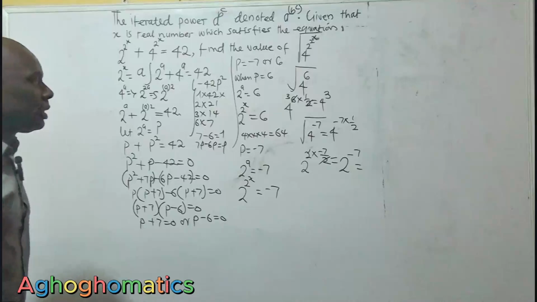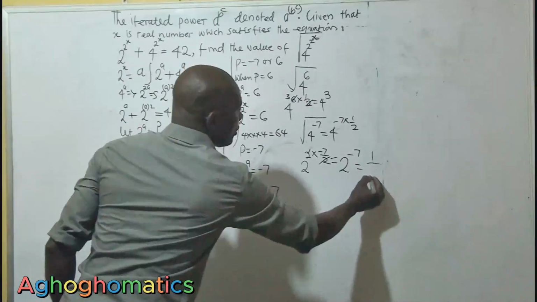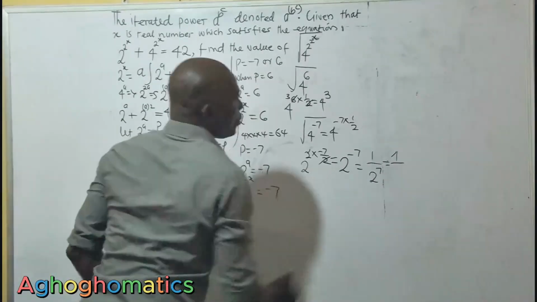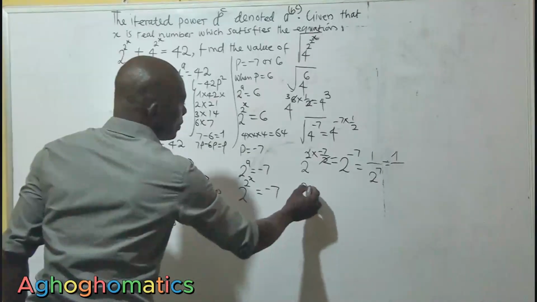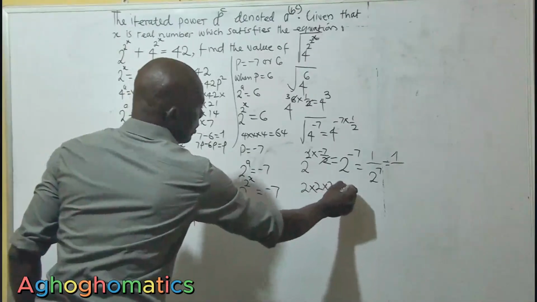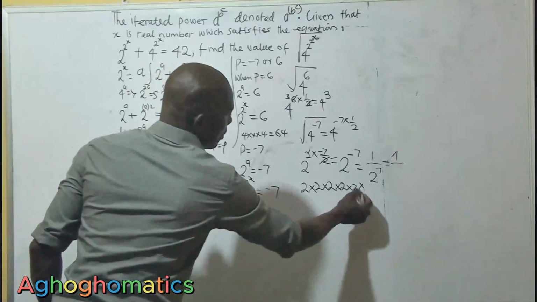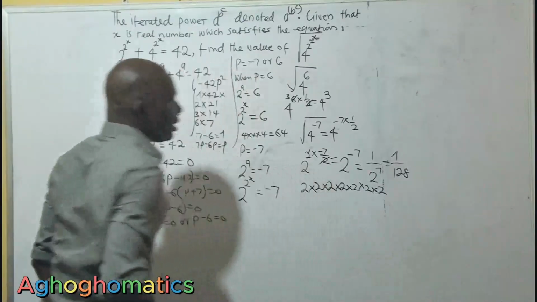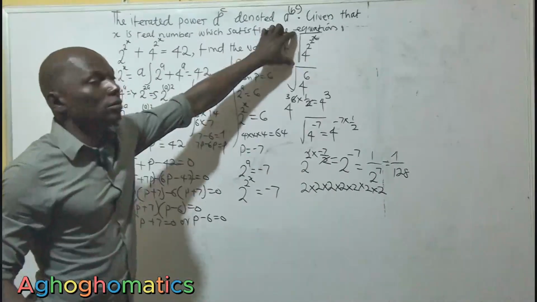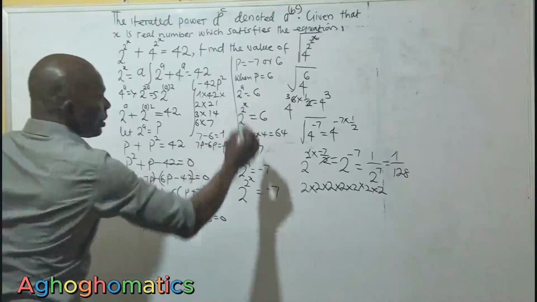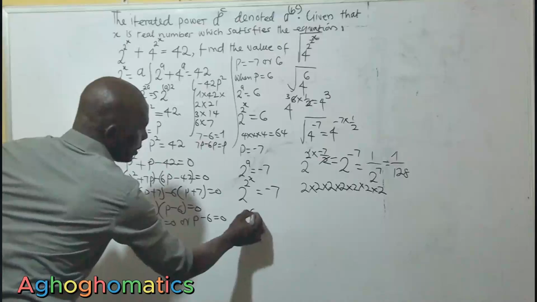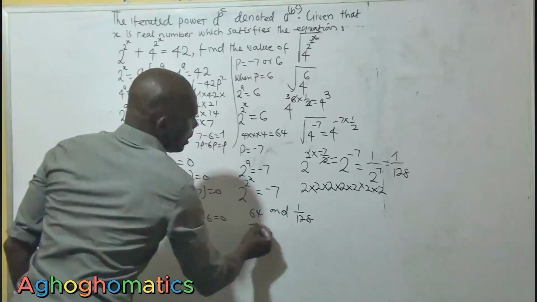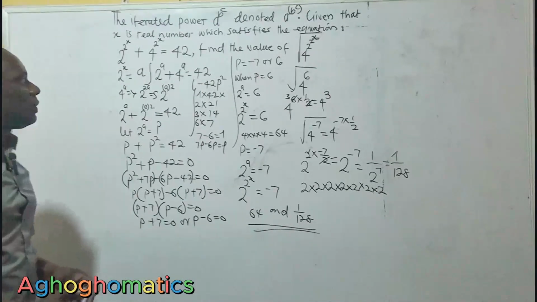This is negative indices, and if we do that, this becomes 1 over 2 raised power 7, which means you are multiplying 2 in 7 places, and that will give us 128. So the values obtained are 64 and 1 over 128. This is how to carefully resolve these equations.